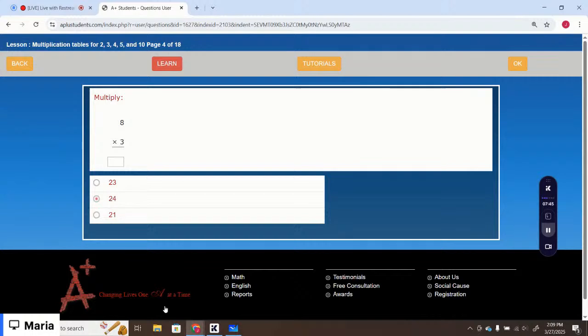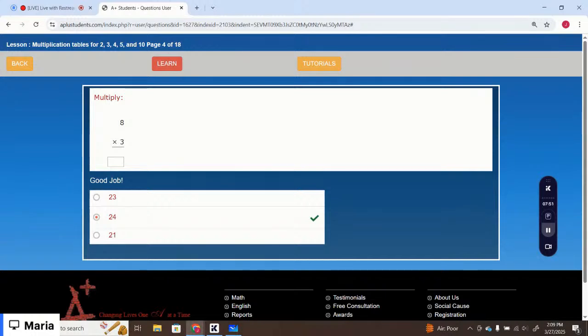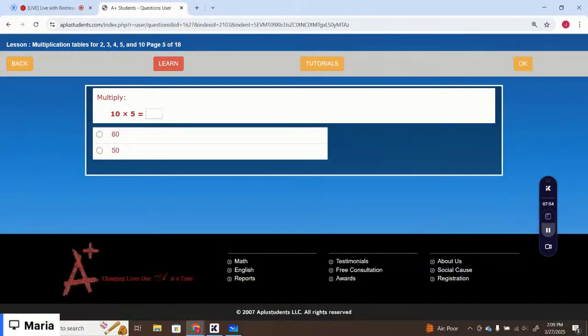Option number 2 is the correct option. 10 times 5 equals 50. It is option number 2, the correct option. Very good. 10 times 5 is 50.